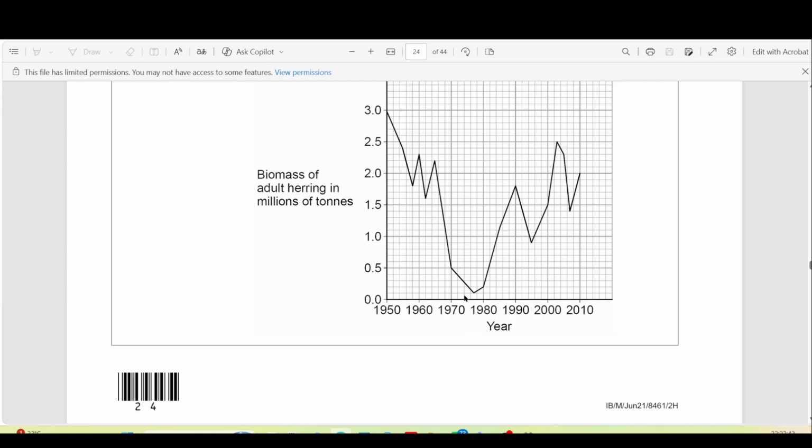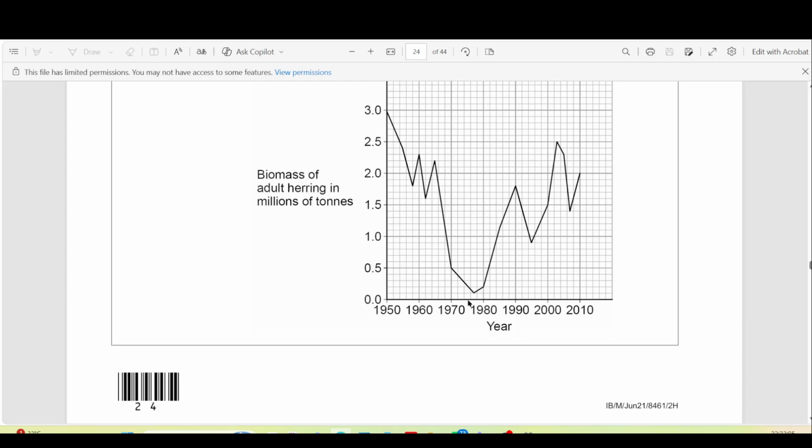Again, you can see fishing quotas. Following a dip in the mid 90s, the introduction of quotas and breeding ground protection raised the biomass, because the quotas were fixed so that you can fish only in particular areas.